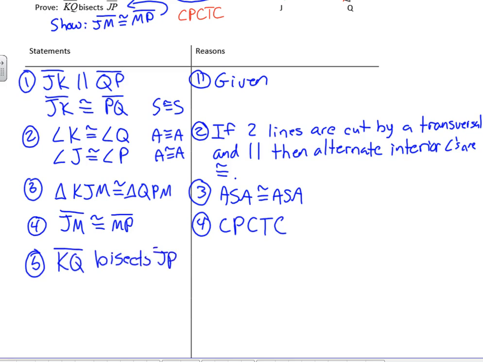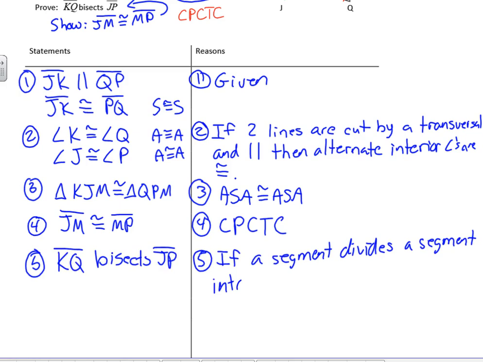JP. And here's why. If a segment divides a segment into two congruent segments, then it is a segment bisector.